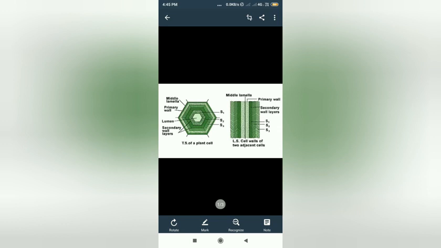The cell wall acts as a carbohydrate storage, especially in seeds. It is used to store some carbohydrates. It is also used in signaling.